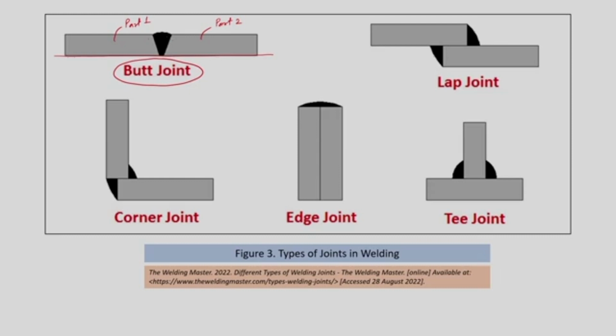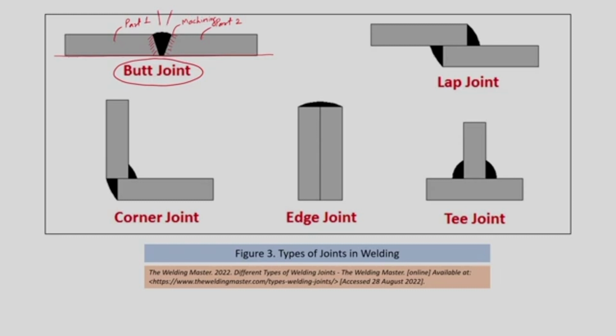We are processing the edges of these ends by carrying out some sort of operation, that is, a machining operation. We are giving a specific shape, a V shape, to create some sort of gap in between these two parts, and then we apply the arc energy or thermal energy generated by an electric arc or by using a laser, and by using filler material we develop a joint.